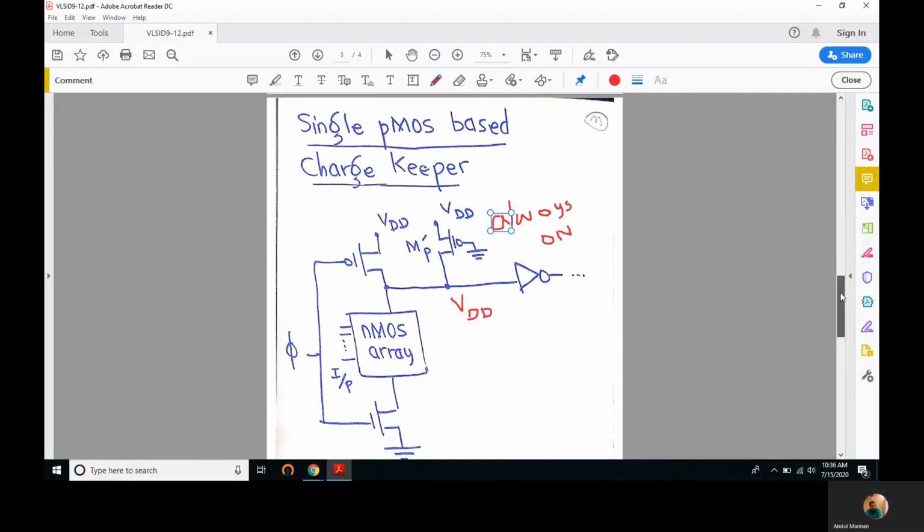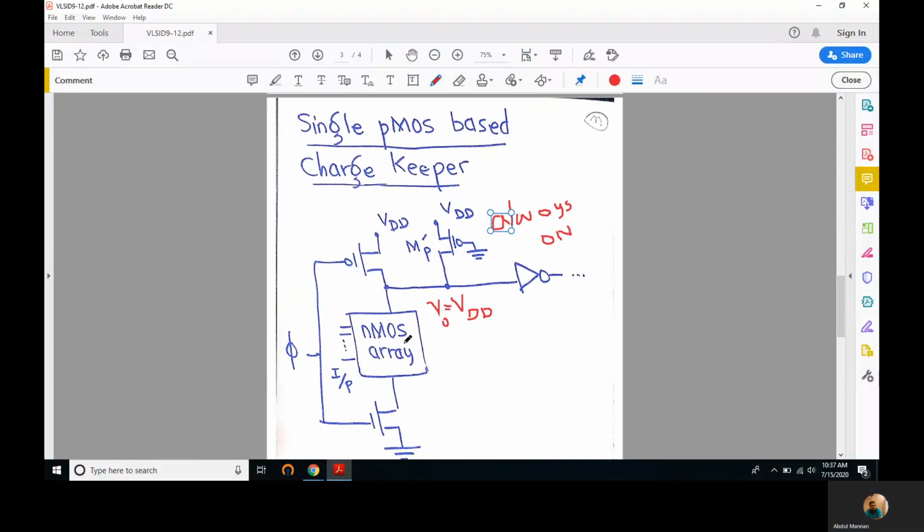So it keeps the output at VDD, and it doesn't allow this output voltage V out to go below VDD.